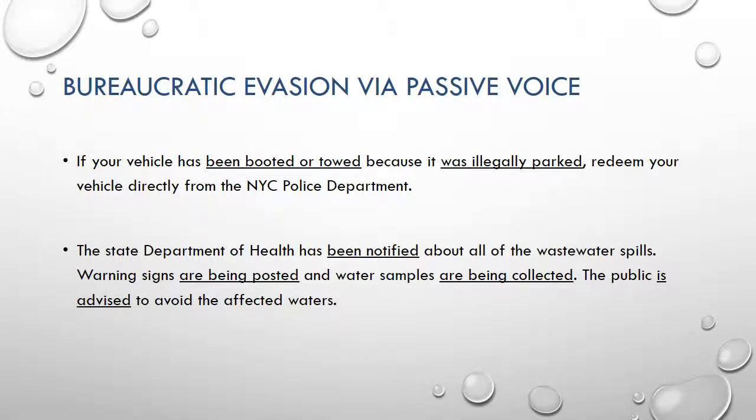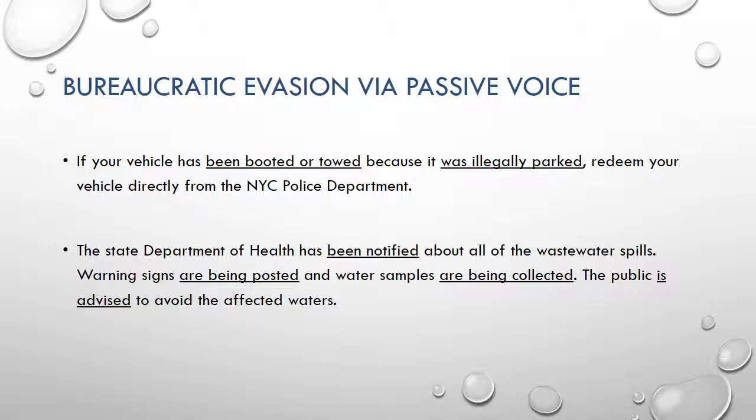Well, another example, bureaucratic evasion is usually accomplished via passive voice. In bureaucracies, there's such a hierarchy that nobody really knows who is making decisions, and nobody feels comfortable making decisions. And so people pass on or hide responsibility by use of the passive voice.